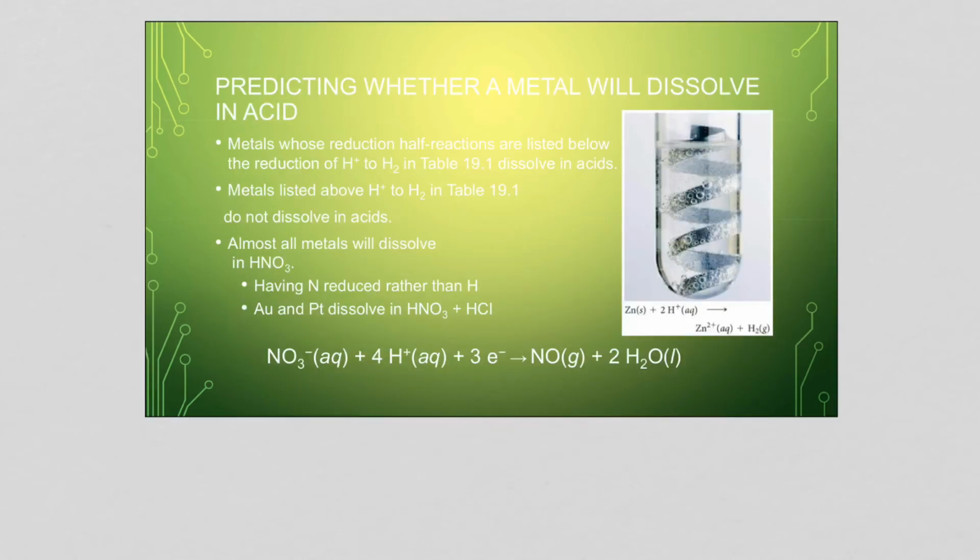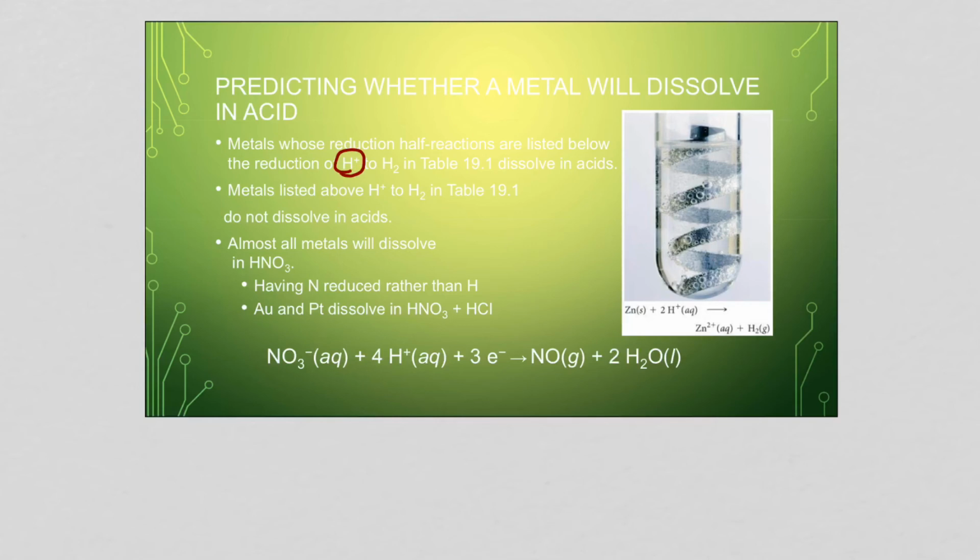Now, another useful thing that you can do with this reduction potential table is predict how metals react with acid. Let's think about the SHE electrode, which is the conversion of hydrogen ions into hydrogen gas. In an acid, you're going to have hydrogen ions.